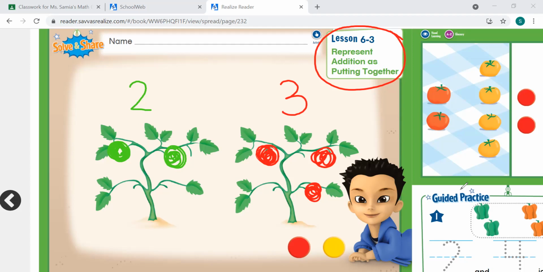So if we put them together, let's count them. 1, 2. We know we have two green here, so let's repeat 2, 3, 4, and 5. So we have 5 tomatoes in all.